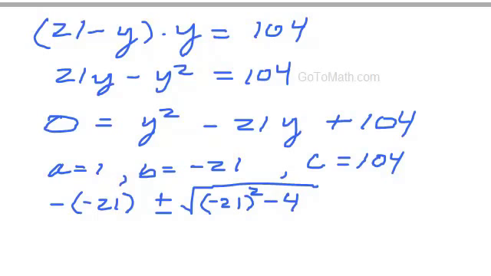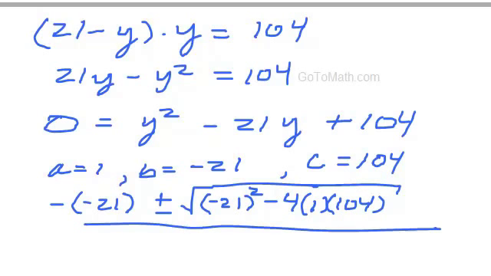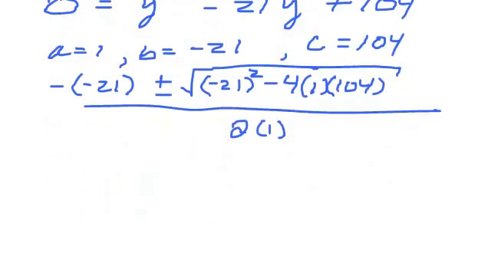I'm going to give you the answer and let you do the math, the simplifying part on this. Okay, so I'm going to let you go ahead and simplify all this out.